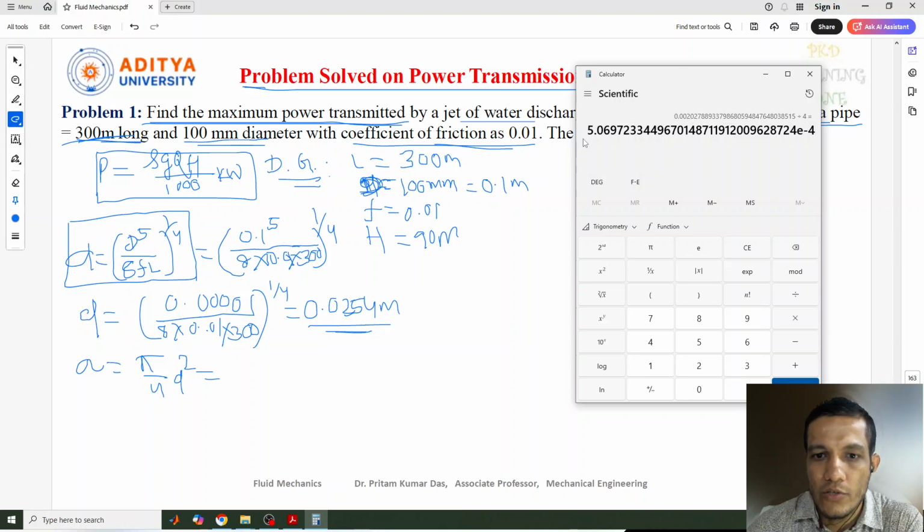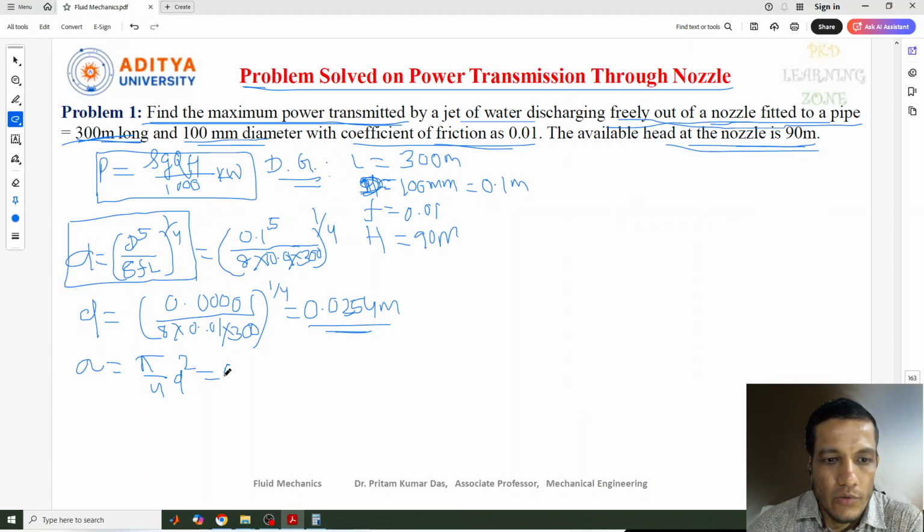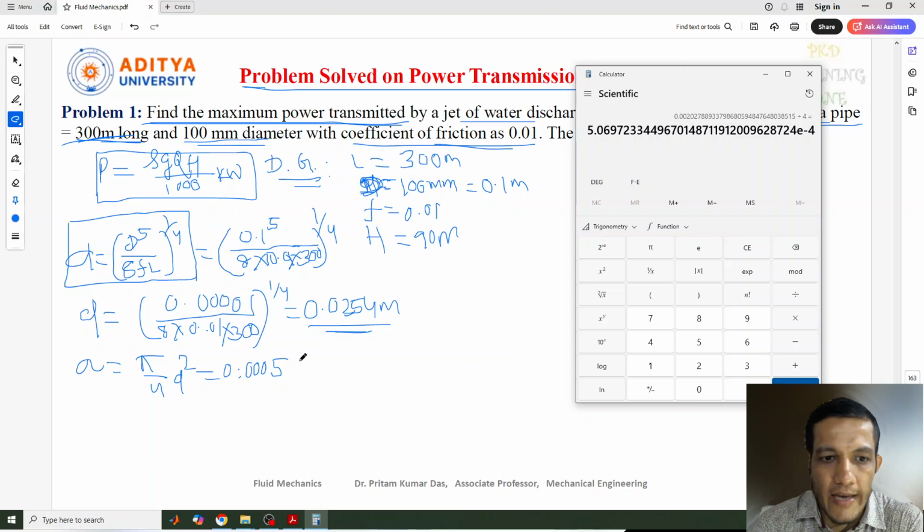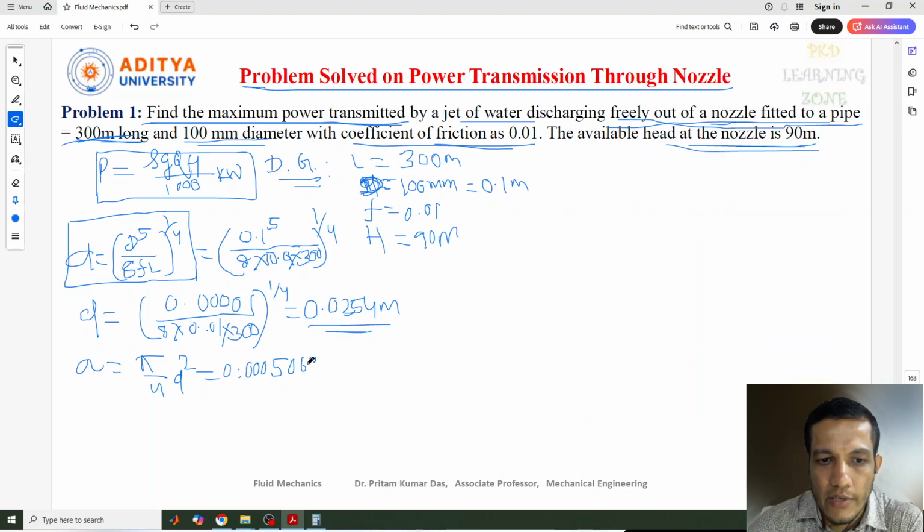So we can write 0.0005069 meter square. This is the area of the nozzle.